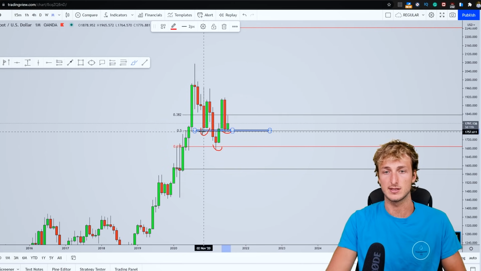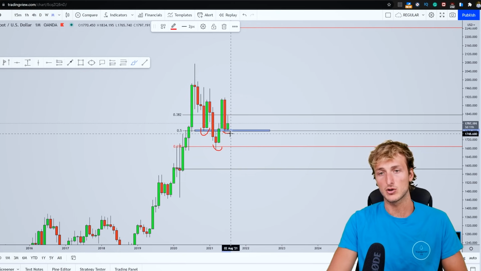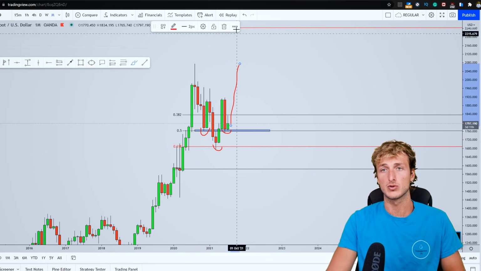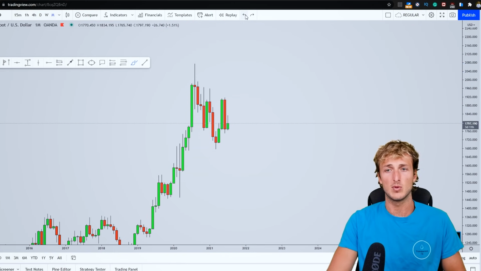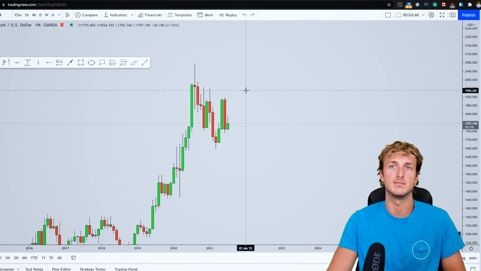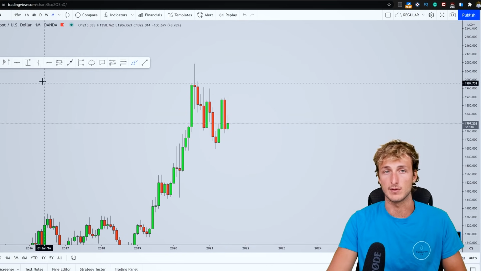So first testing the 50% and printing the left shoulder, 0.618, printing the head, and currently we are trying to create the right shoulder at the 50% once again. Therefore, more continuation to the upside seems quite possible here from a monthly perspective. Considering that at the moment we are entering a period of high inflation, and obviously gold is supposed to perform quite well in periods of high inflation.